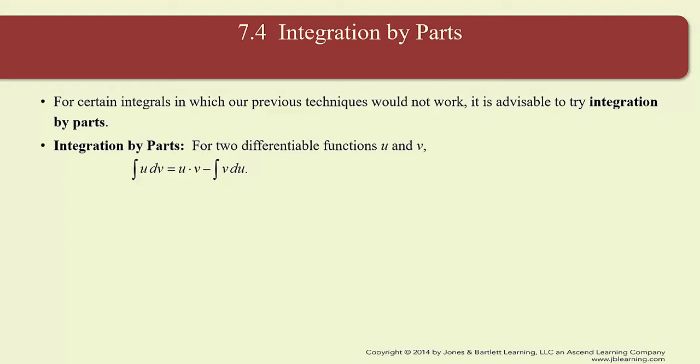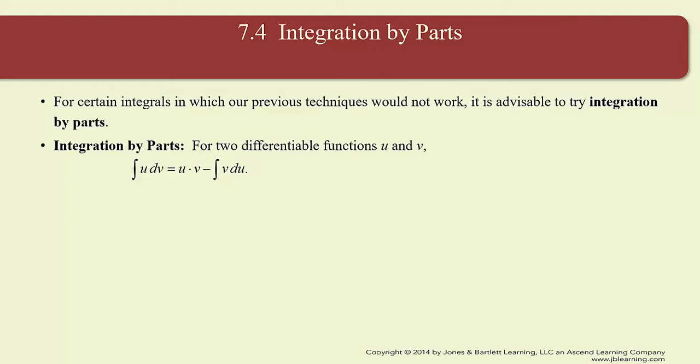So you have to look at the original integral that you're given and see what part of it you're going to let u equal, and what part you're going to let dv equal. It's kind of like a double substitution. Once you decide what u is equal to, you must compute du. Once you know what you're going to let dv equal, you must compute v. To get v from dv, you're going to have to do a quick little mini integration problem.